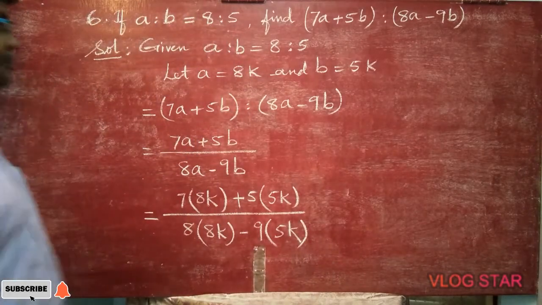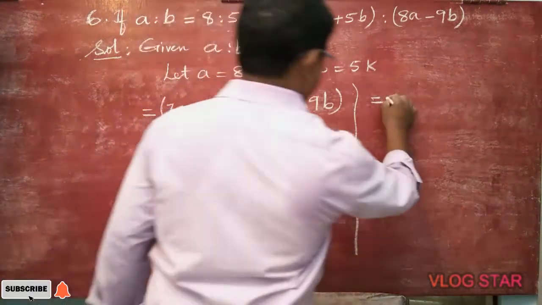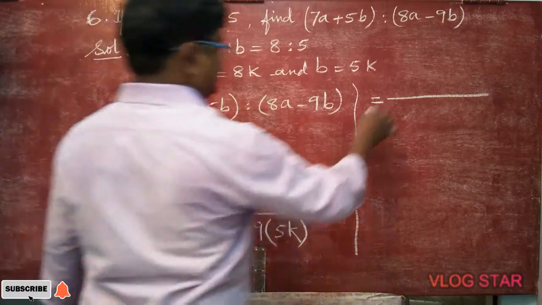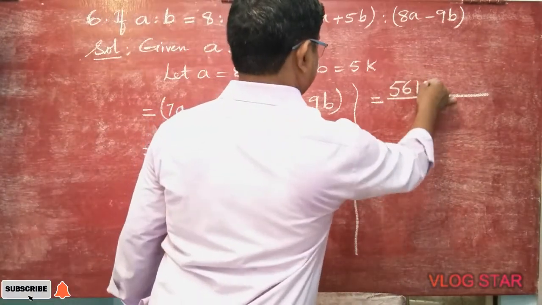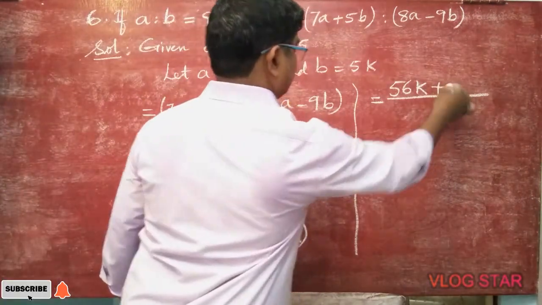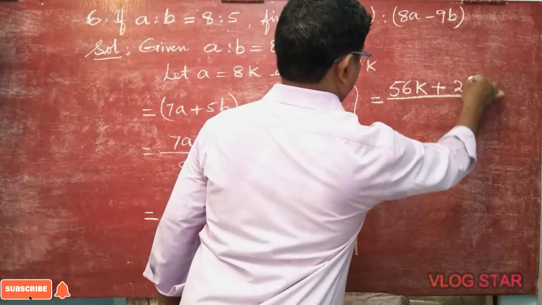Now multiply. 7 8s are 56, 56K plus 5 5s are 25, 25K.